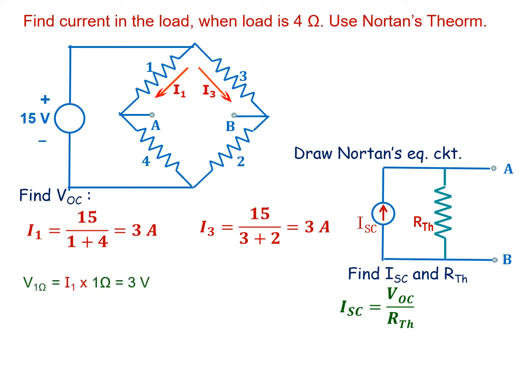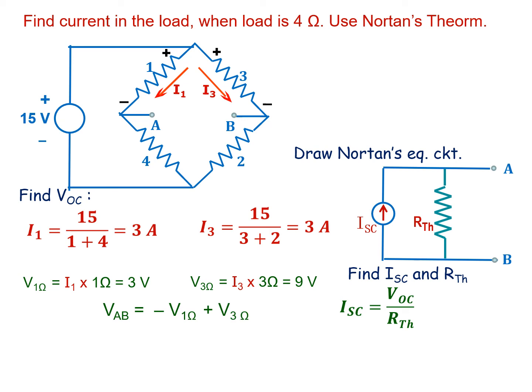Now the voltage across the 1 ohm resistance is its current I1 into 1 ohm, 3 volts. Its polarity is shown as in the figure. The voltage across 3 ohm, V of 3 ohm is I3 into 3 ohms. It will be 9 volts and 9 volts polarity is as shown in the figure.